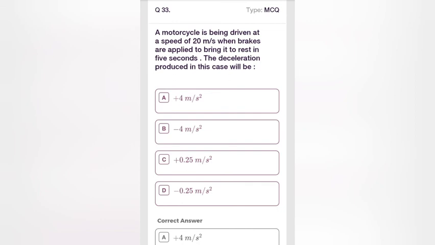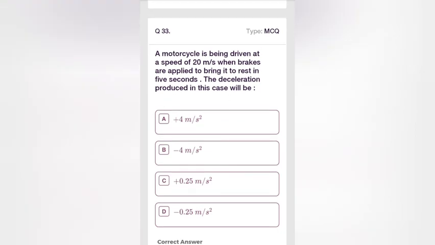A motorcycle is being driven at a speed of 20 meter per second when brakes are applied to bring it to rest in 5 seconds. The deceleration would be, I told you, negative acceleration, otherwise it is called deceleration or retardation. Clear? So here in this case, the speed is decreasing.